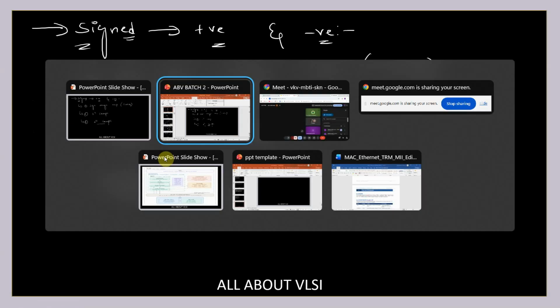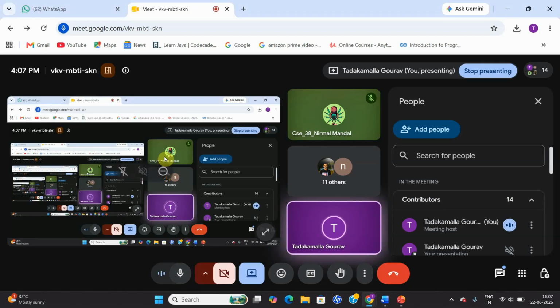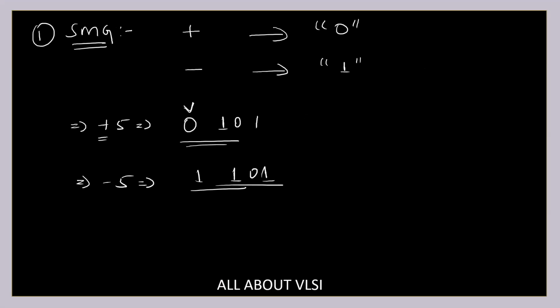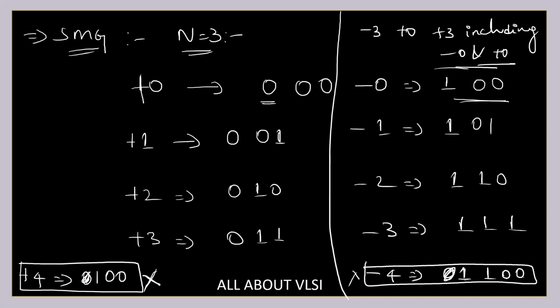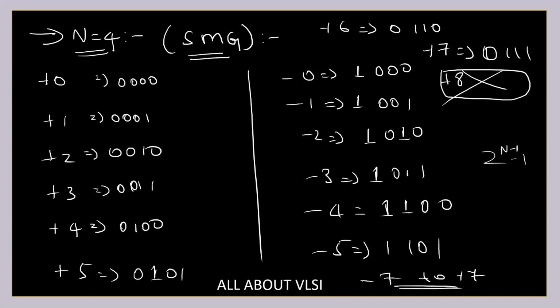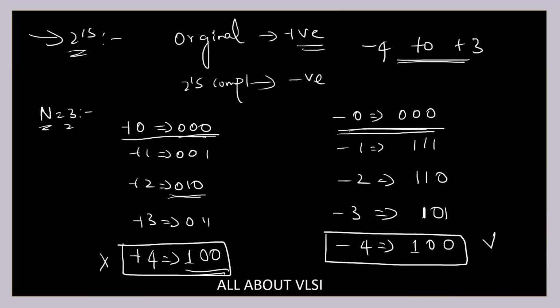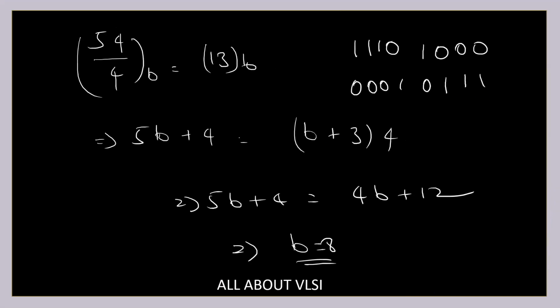I hope my screen is visible, right? Yeah. So we have seen number systems like signed, one's complement, two's complement, and SMG format. And we have also seen the ranges of these numbers, and we have discussed one's complement and two's complement and the ranges in great detail, right?